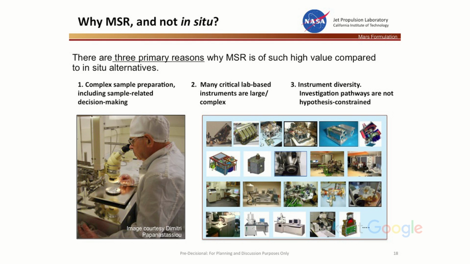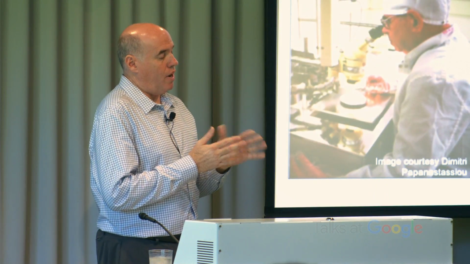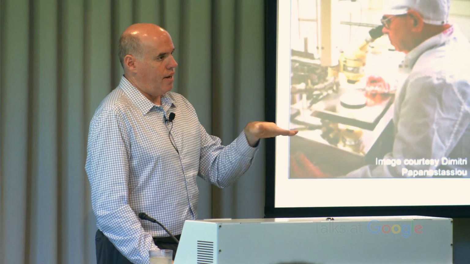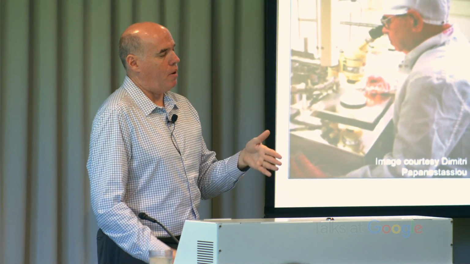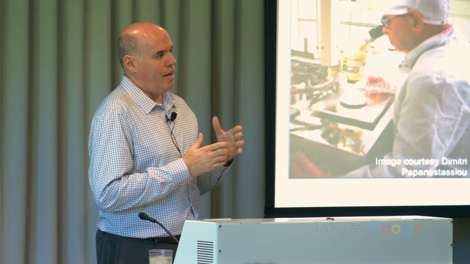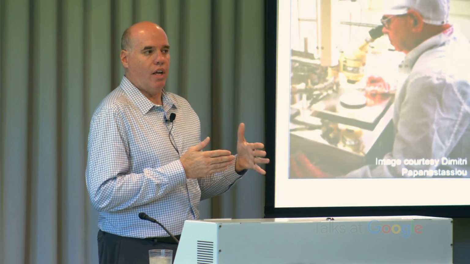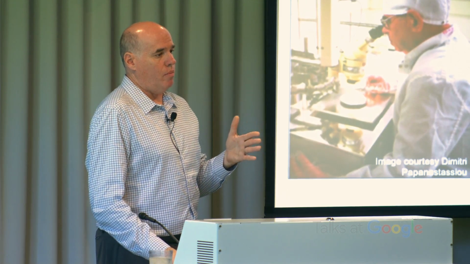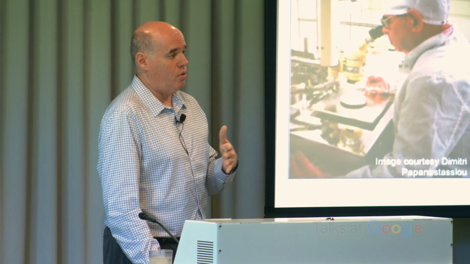Number one, the way that we do sample science involves very complex sample preparation, either hands-on or direct human-guided slicing and dicing of things and preparing specimens for spectroscopy or microscopy, that we just don't have the technology today to do. So we would not be able to study them as well using an in situ instrument as we would back on Earth.